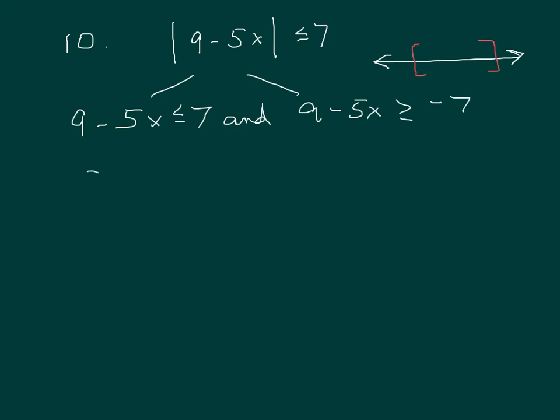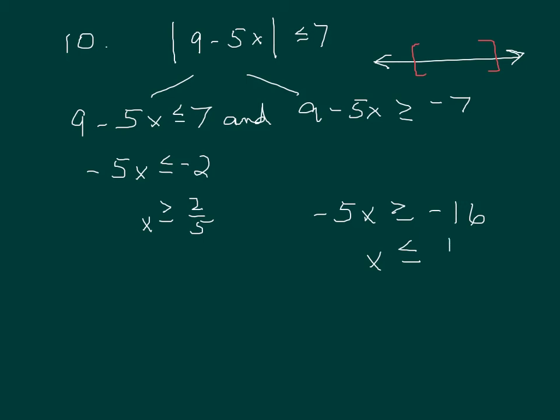So we get negative 5x is less than or equal to negative 2, making x greater than or equal to positive 2/5. And we have negative 5x is greater than or equal to negative 16, making x, I said less than, but it was greater than. Now, switching the sign, making x less than or equal to 16/5.